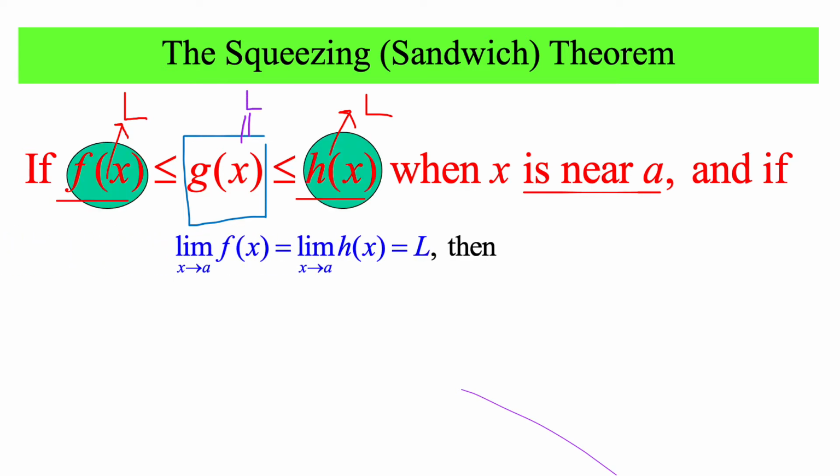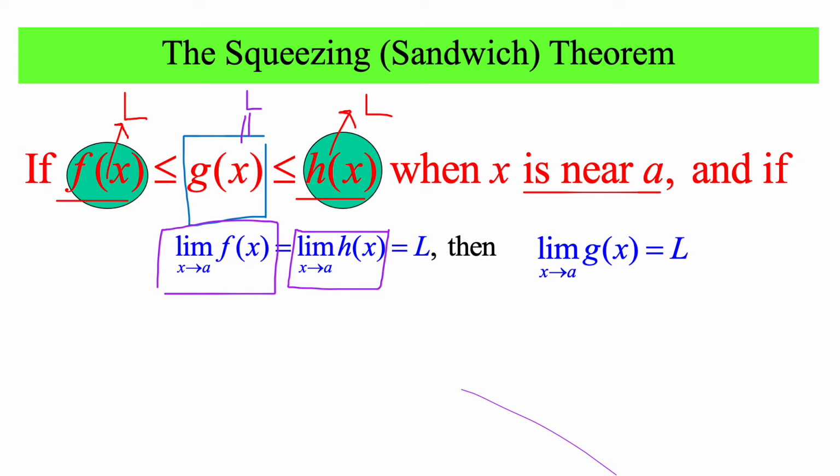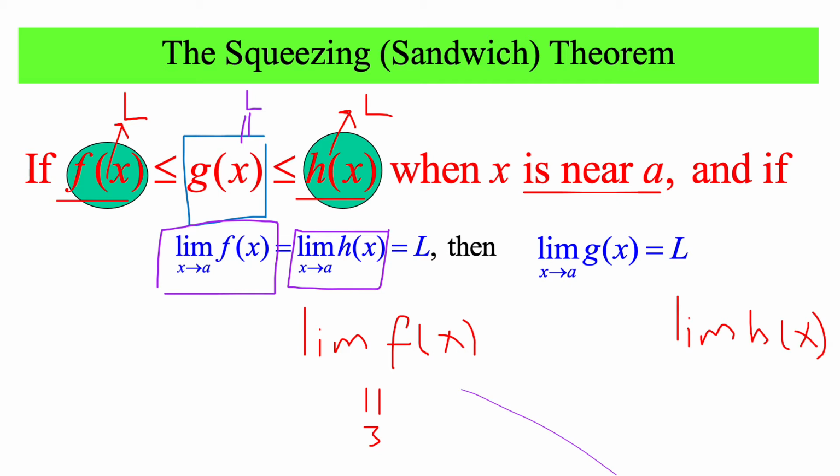So in a proper way, we say if the limit of the left end equals the limit of the right end, then of course the limit in the middle should equal L. To make it clear, if the limit of f of x is 3, and the limit for h of x, which is the right side, is also 3, then of course any limit in between should also equal 3.